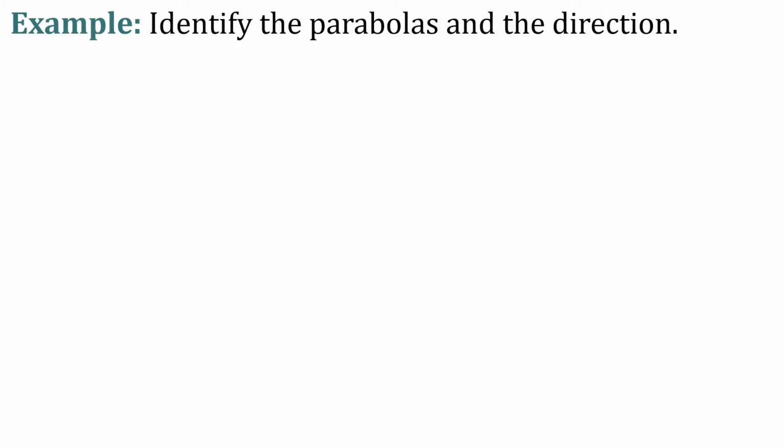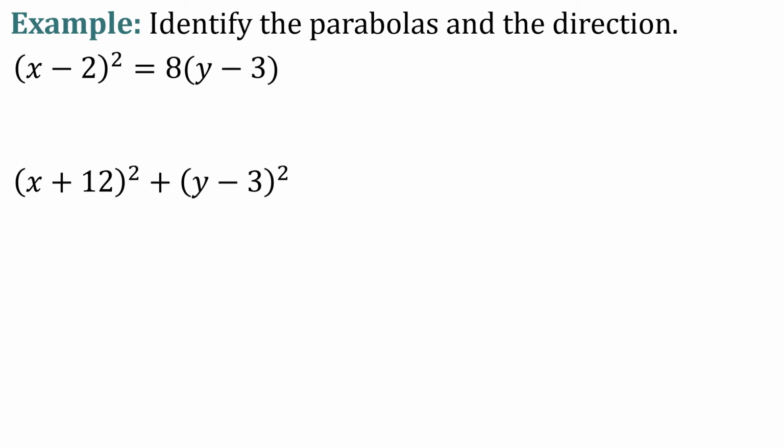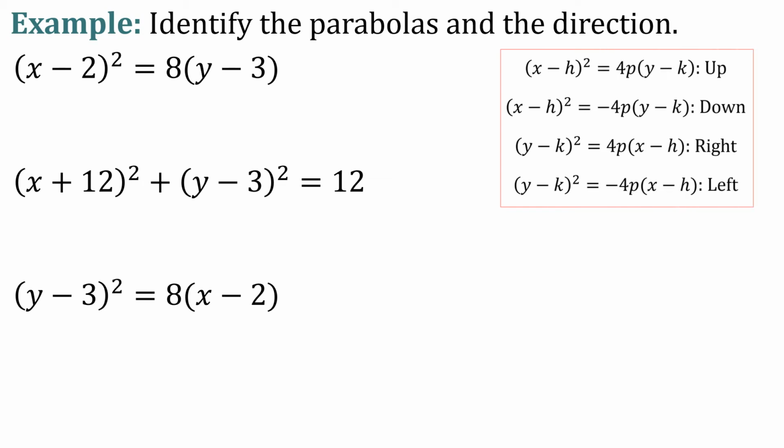Okay, so in this slide, for all of these functions, we're going to determine: is this a parabola or not? And if it is, what direction does it open? So the first thing is only either my x or my y is squared. So looking at function 1, (x minus 2) squared equals 8 times (y minus 3), I see that my x is squared and that my y is not.